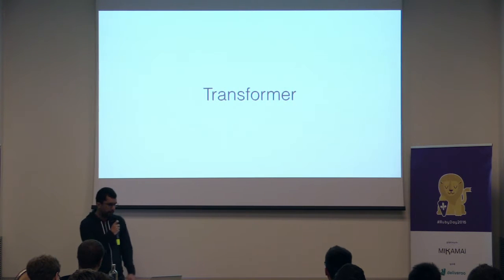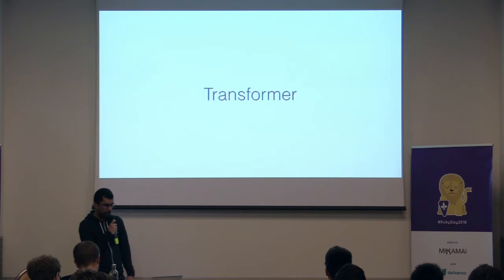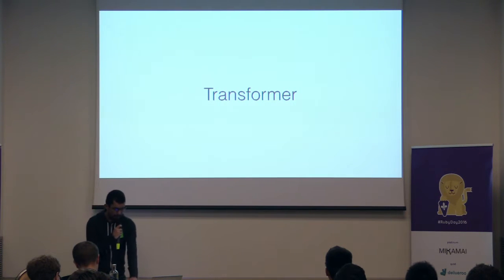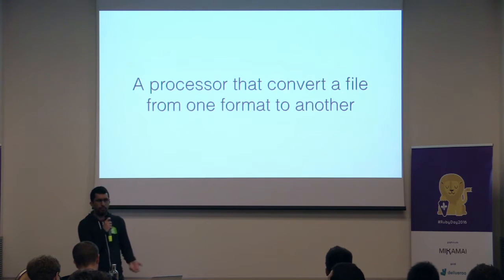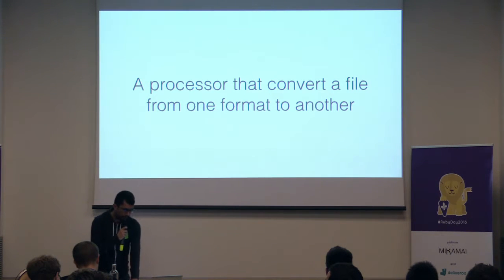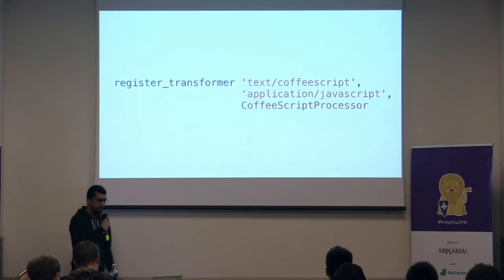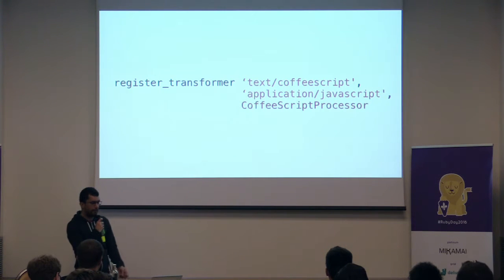Another kind of processor that we have is a transformer. It's a special kind of processor because you know the input type and the output type of the file. So let's say that we have a CoffeeScript file and we want to compile it to JavaScript. We register that processor. So every single time that we see a CoffeeScript file, we generate a JavaScript file using this CoffeeScript processor.